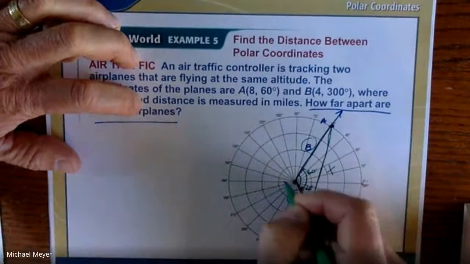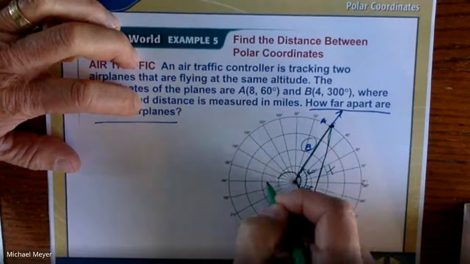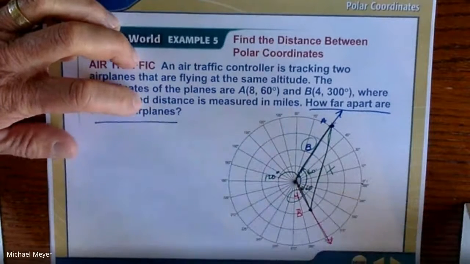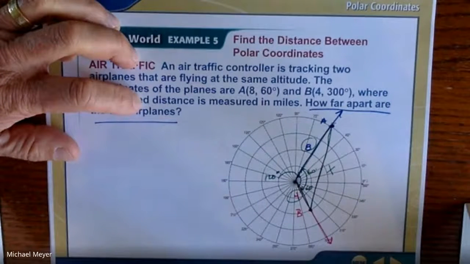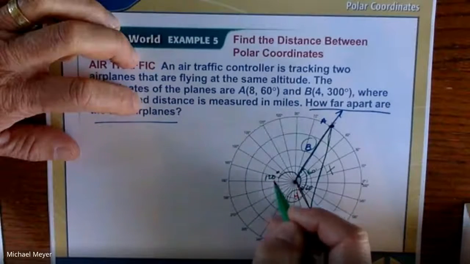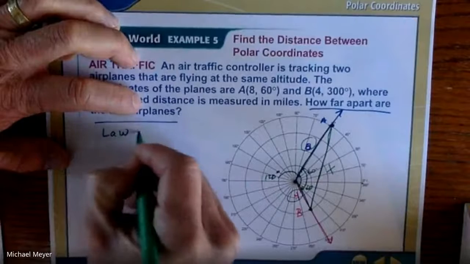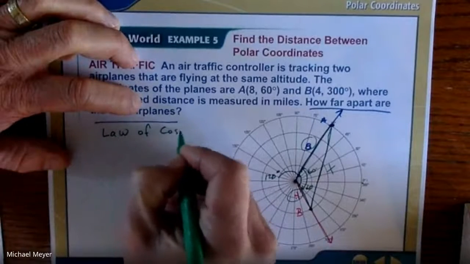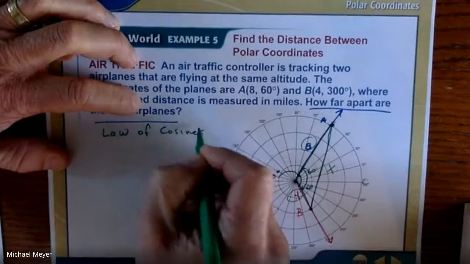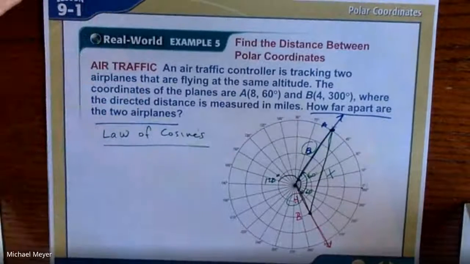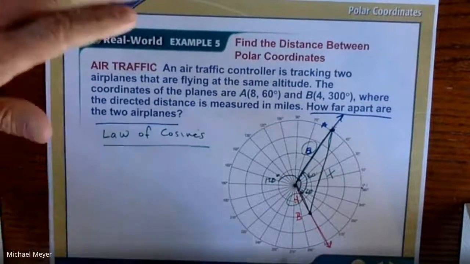So can't we call this angle 120 degrees? And remember, if I have a side-angle-side situation, I can use the law of cosines. So this is very similar to what you did in 8.1 when we used the law of cosines to solve all those problems.